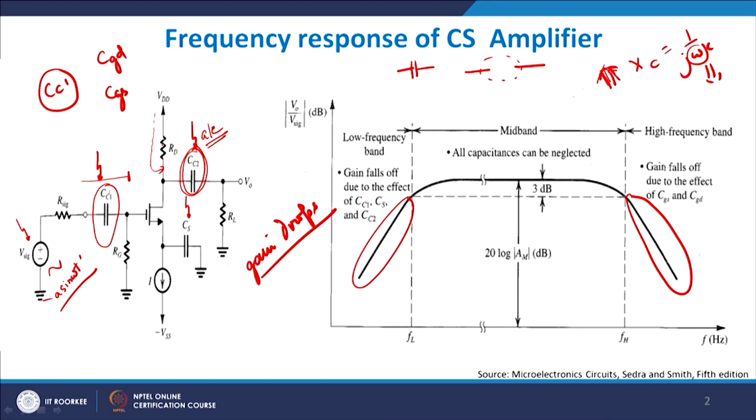Earlier we were assuming that these capacitances were not playing a role because the overlap is small, they are minuscule in dimensions, but at such high frequencies of operation, the gate to drain capacitance has an extra effect on the circuitry and the gain starts to fall down.